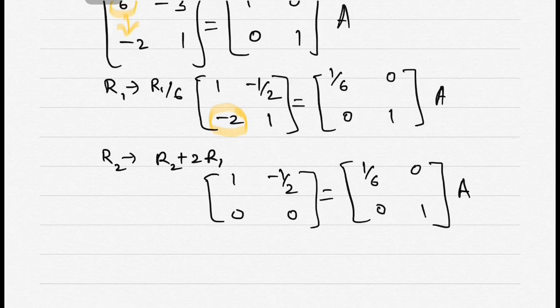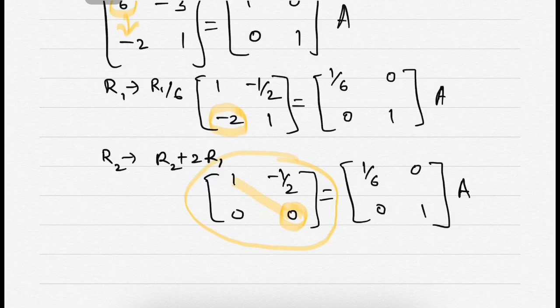Now on the left-hand side, the first element of the leading diagonal is 1, but the second element is 0. To find the inverse of A, we must have the identity matrix on the left-hand side.